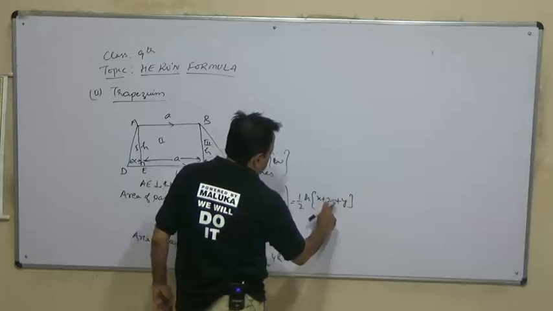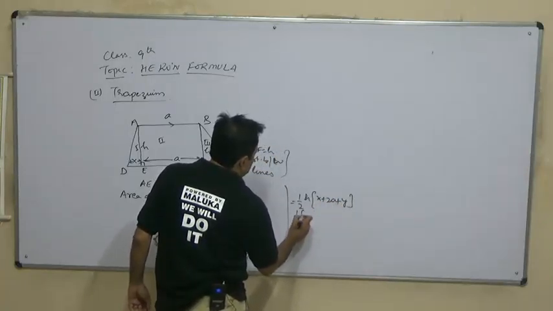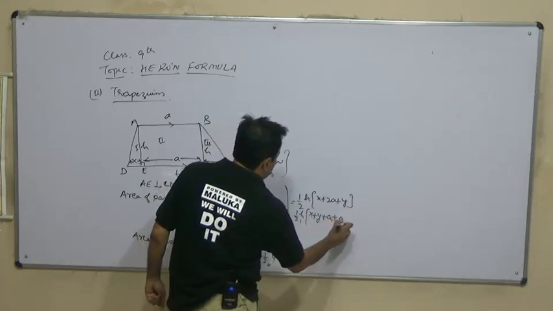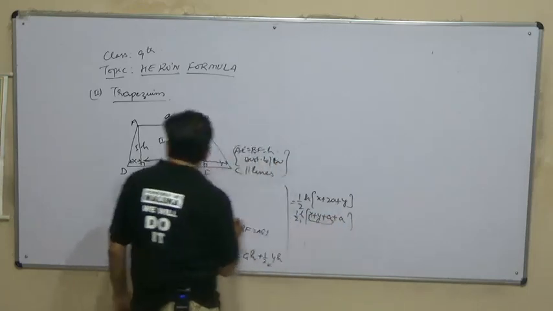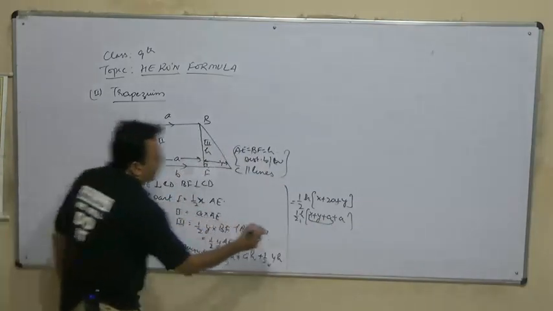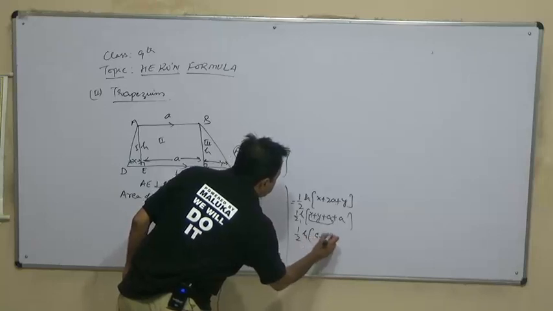This is not 2h, this is 2a. We can write it as half h into x plus y plus a plus a. So what is x plus y plus a? x plus y plus a is equal to b. So half h into a plus b.